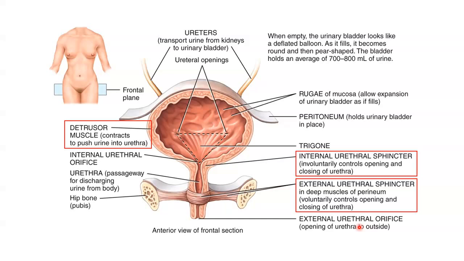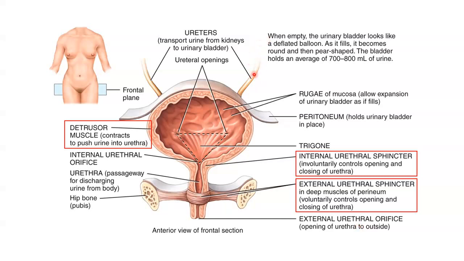Discharge of urine from the urinary bladder is called micturition, but you may also see it termed as urination or as voiding the bladder. And somewhat like defecation, micturition occurs via a combination of involuntary and voluntary muscle contractions.